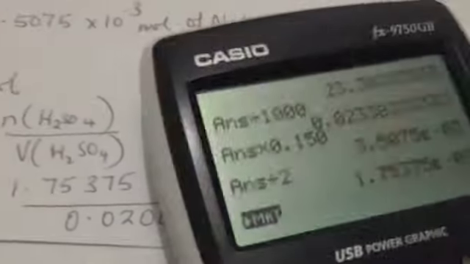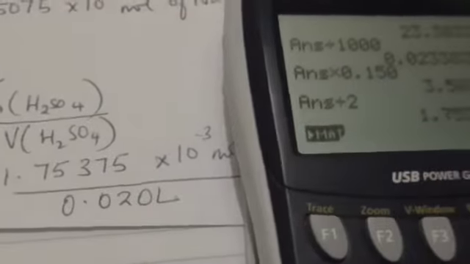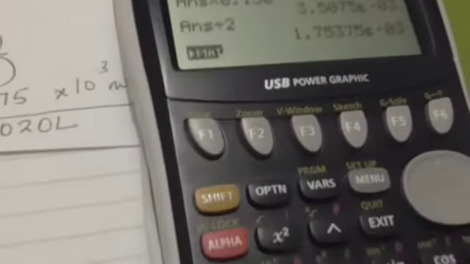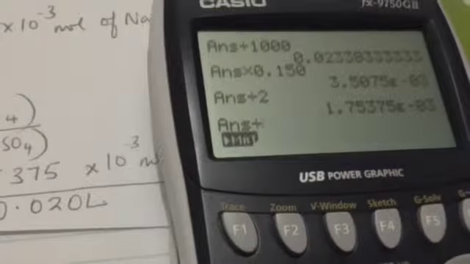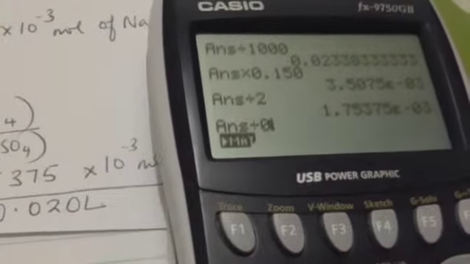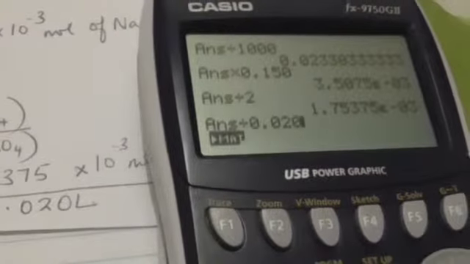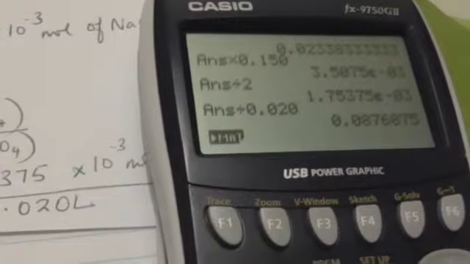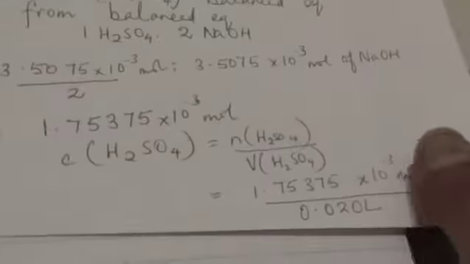So I'm going to grab the calculator again. The numerator for this is already sitting on my calculator. All I need to do is divide this by 0.020. That's the answer that we have, not yet the final answer.